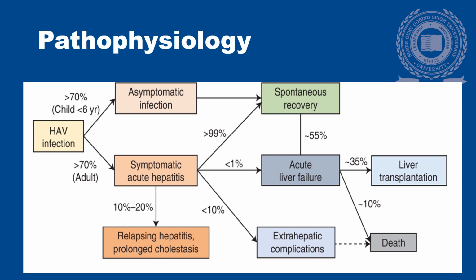But in adults also, the recovery rate is more than 99%. In less than 10% of the cases, there will be extrahepatic complications, and less than 1% will have acute liver failure that may lead to death or require liver transplantation. Now let's discuss the various methods of diagnosing hepatitis A.